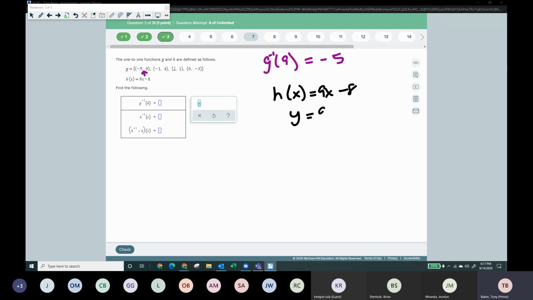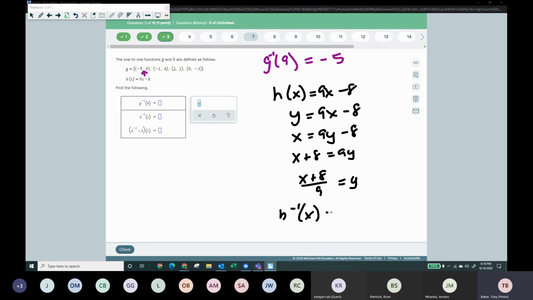So it's y equals 9x minus 8. So we're going to switch. And then we're going to resolve. And so it's x plus 8 divided by 9 equals y. And that's h negative 1 of x.